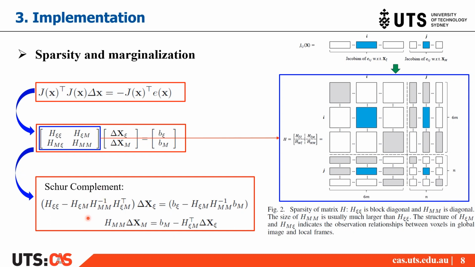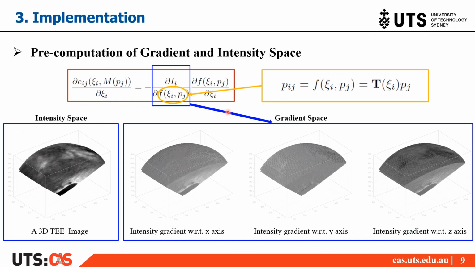But the inverse of Hmm is easily computed by the inverse of each element on the diagonal. Solving the problem using the Schur complement is much more efficient than solving the original GN equation. The other strategy to speed up our implementation is to pre-compute gradient and intensity space.